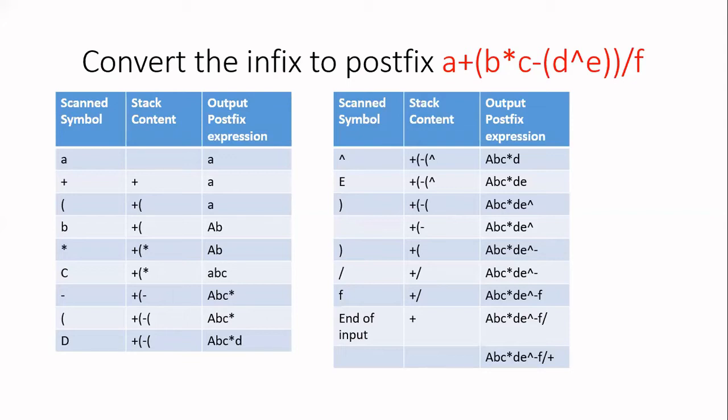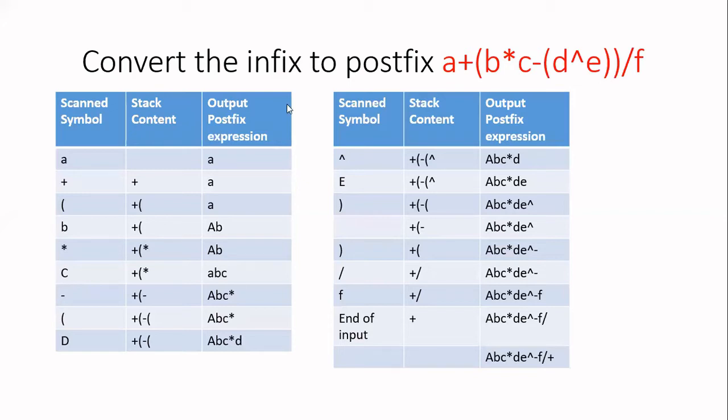So when you get a close parenthesis, you have to pop all the characters until you encounter an open parenthesis, but don't write the open parenthesis at the output. This is very, very important. Don't write either the open parenthesis or the close parenthesis at the output. Now my stack has plus, open parenthesis, and then minus. I'm not popping minus because it is this close parenthesis. I have to pop everything up to the open parenthesis only. I should not pop more than that.